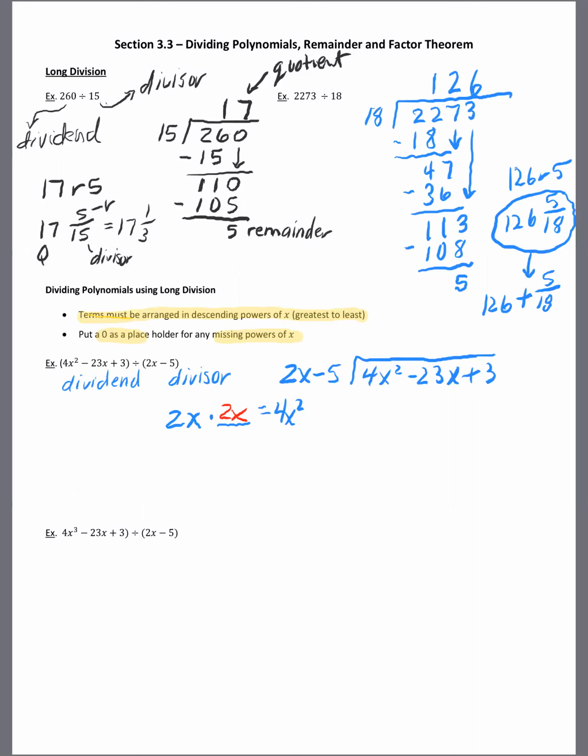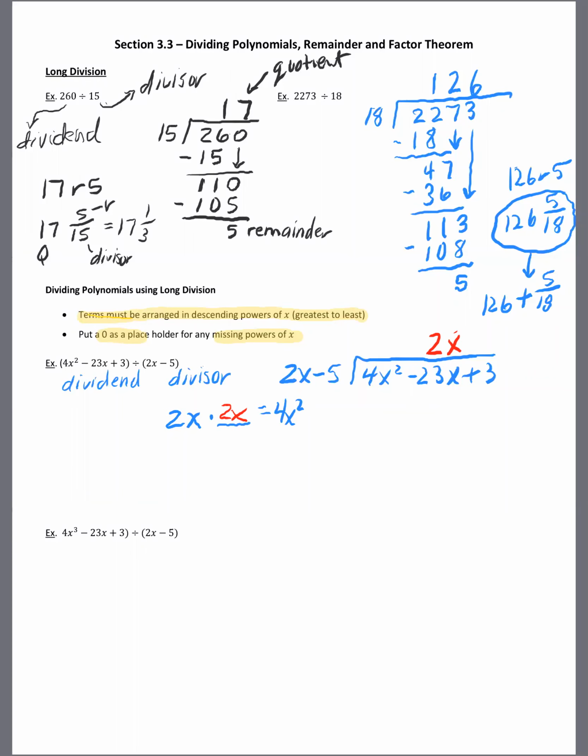This 2x, since x is the variable position, I'm going to put my 2x right here, since that's the x column. And now that I have this 2x there, I'm going to take my red 2x and multiply it by both 2x and -5.